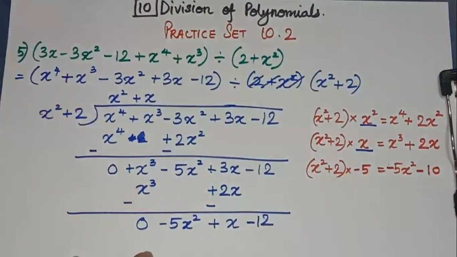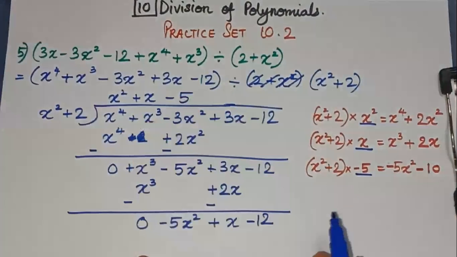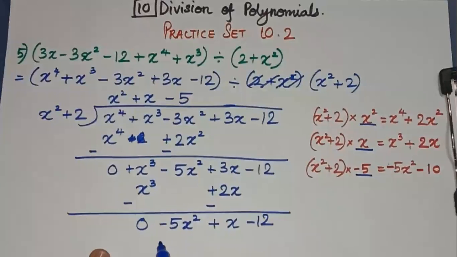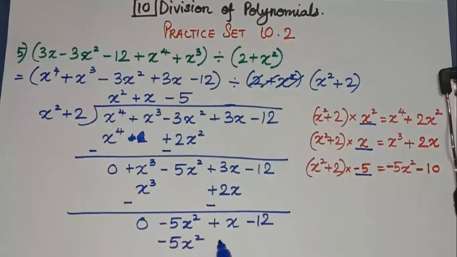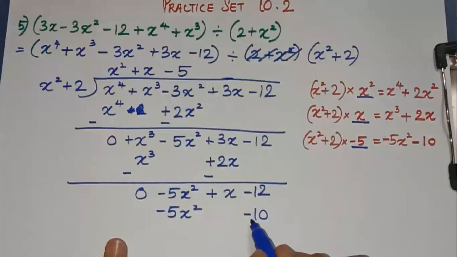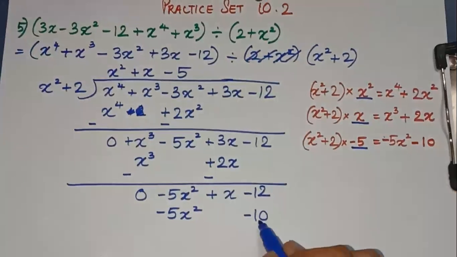So this minus 5 will be written over here and this answer will be written over here. So I have minus 5x square and minus 10. Why am I writing minus 10 over here? Because it is a number and it should be written below the number itself.